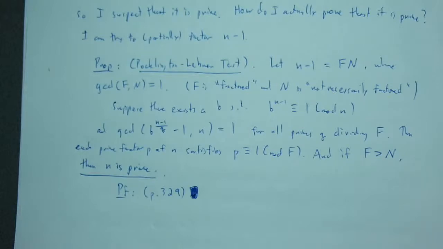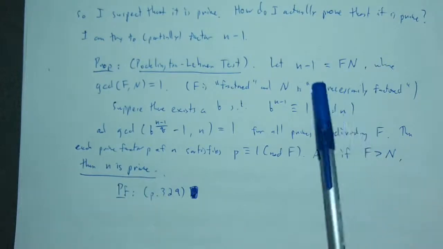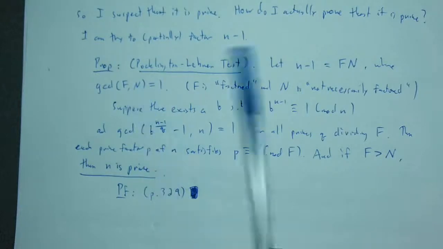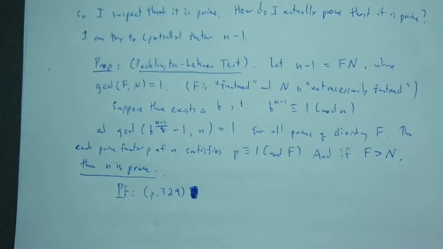So yeah, this is on page 329. What does this say exactly? I need to be able to factor n minus 1 enough that I get it satisfying these hypotheses, with big F strictly larger than big N. If I can do that, then this little n that I'm trying to show is prime is in fact prime. Okay. So how does this work?